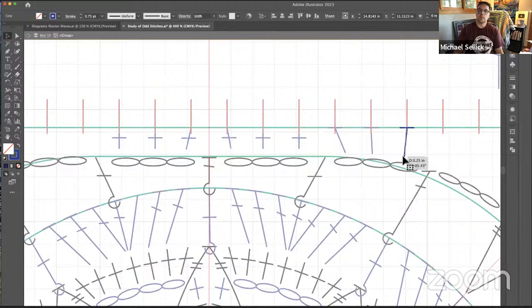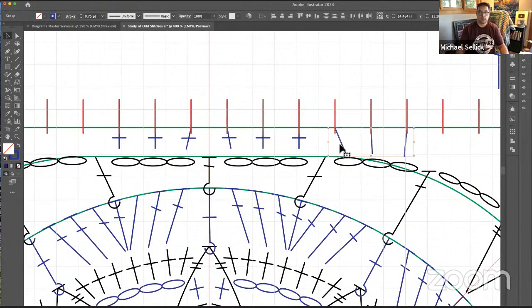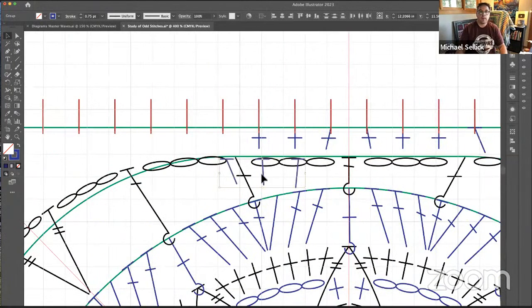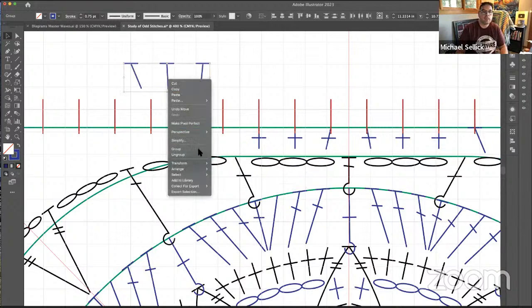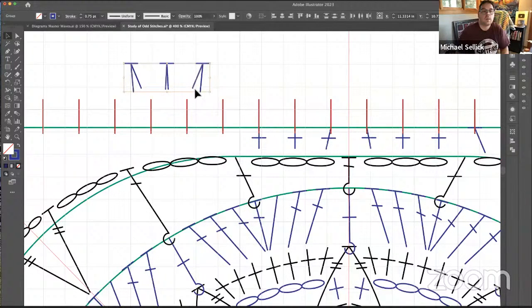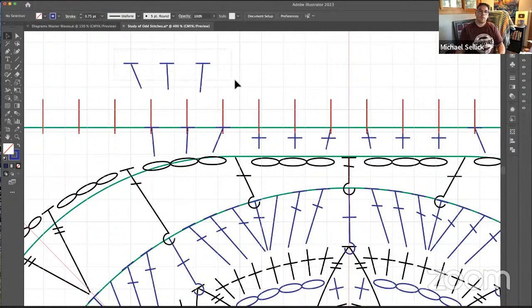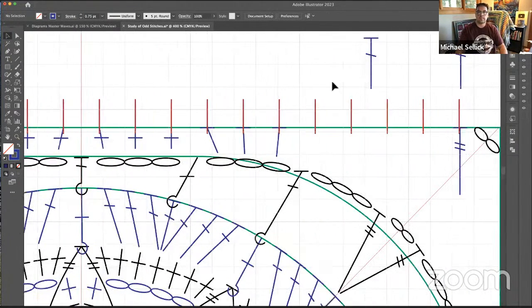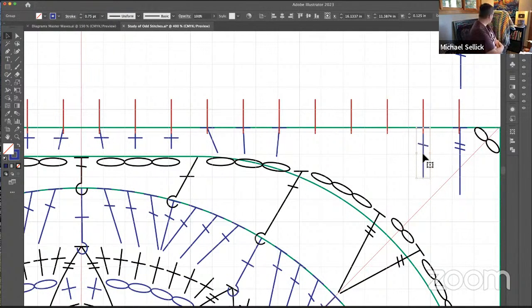It makes the design a lot easier to follow. We got double crochets. There's no trebles here, there's only doubles.